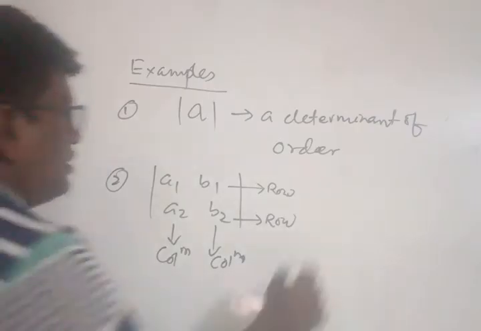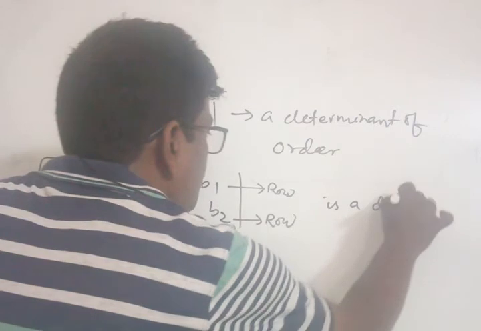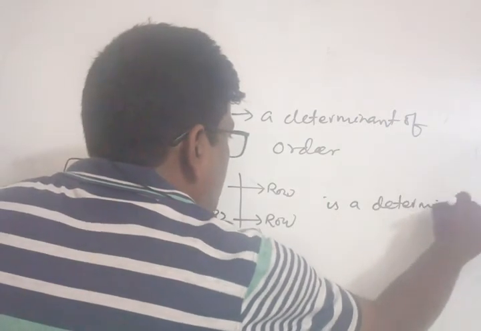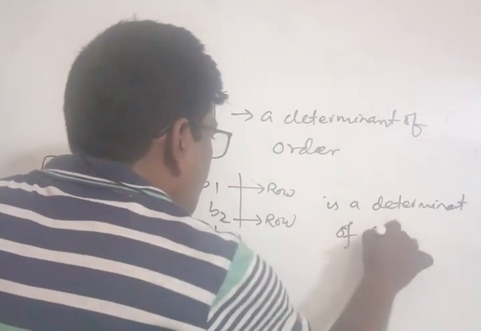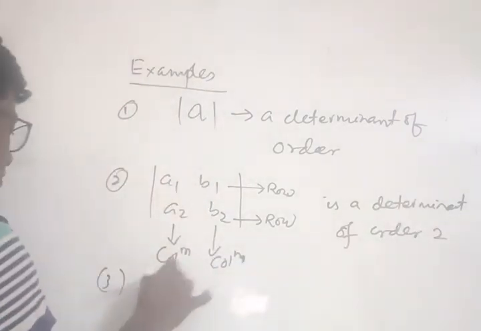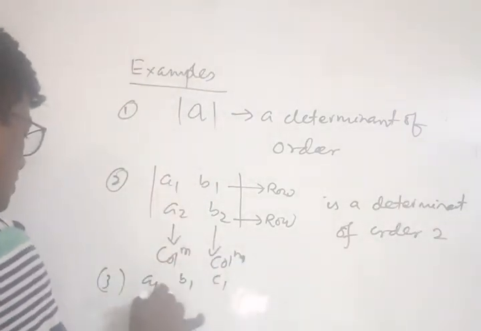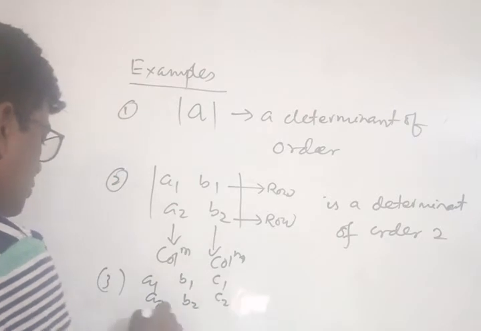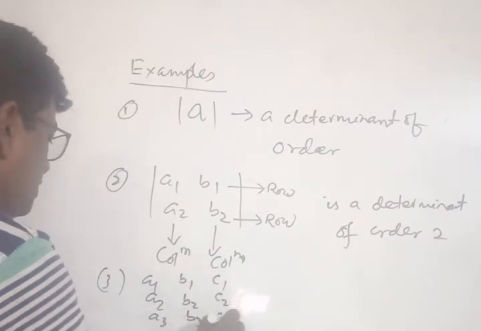So this is a determinant of order 2. Like this: A1, B1, C1, A2, B2, C2, A3, B3, C3.